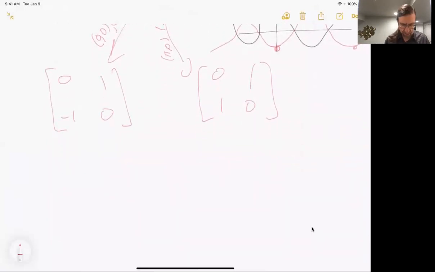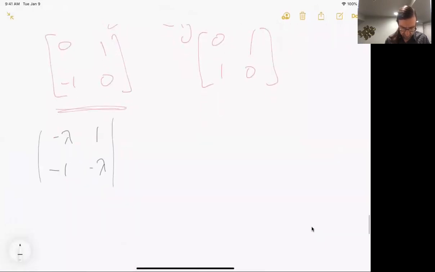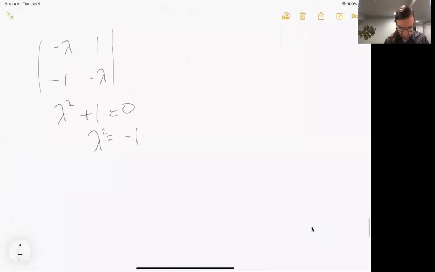This first one right here, let's write down the characteristic polynomial: [-λ, 1; -1, -λ]. The determinant, we get λ² minus negative 1 equals 0, λ² equals -1. So λ equals plus or minus i.